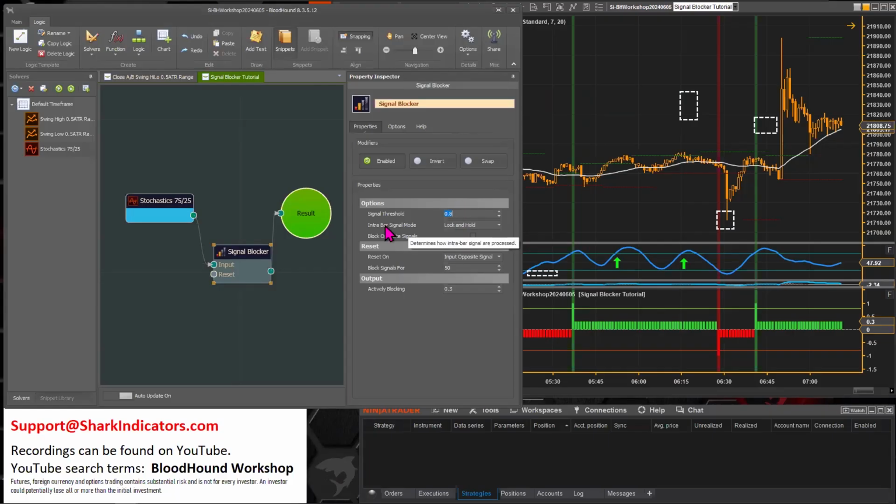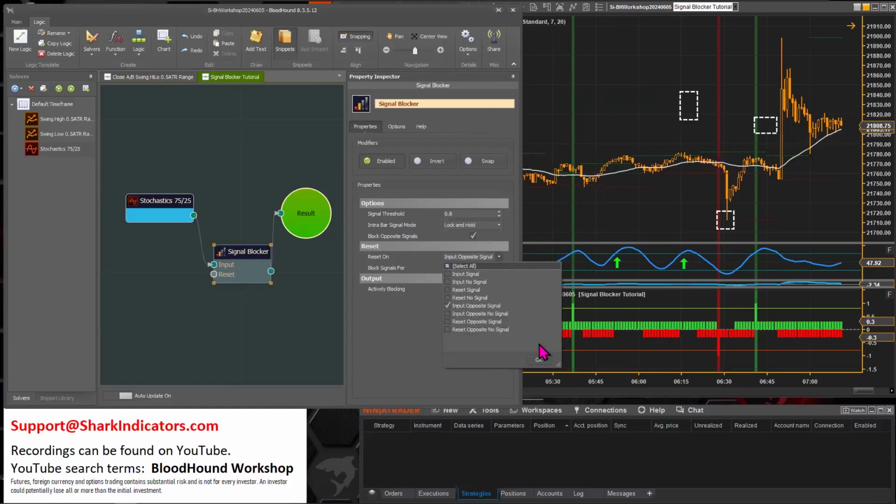So, all right, the next setting here, actually I'm going to jump down to block opposite signals. So actually this kind of falls more in line with what we were just talking about. So if I enable the block opposite signals, we can see here, so when actually hold on, let me put this back to the appropriate resets here.